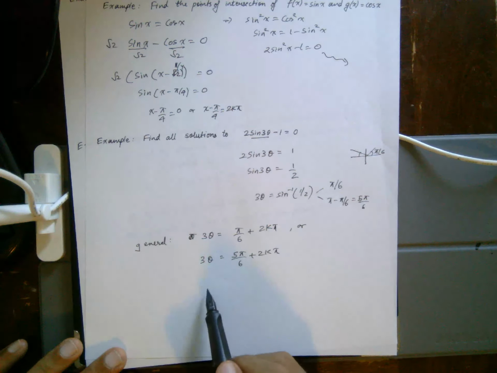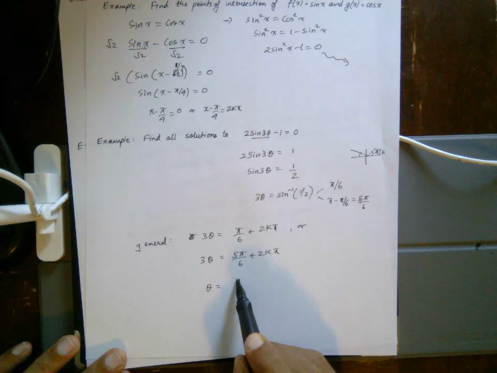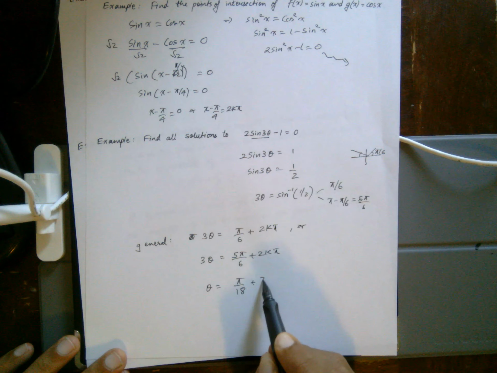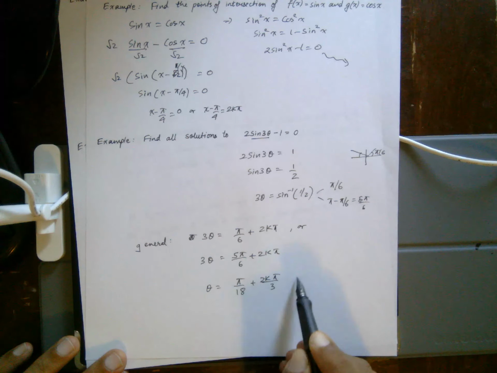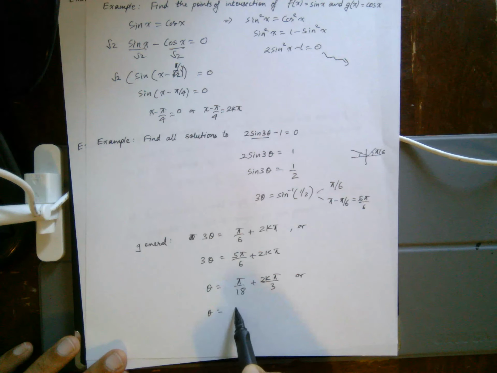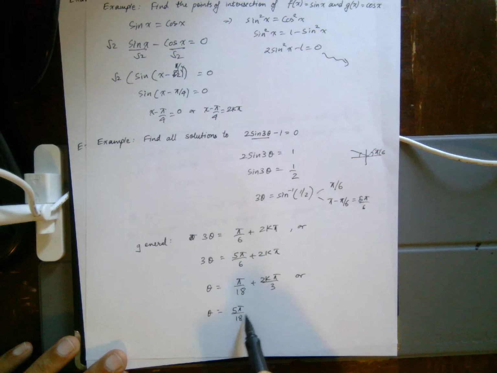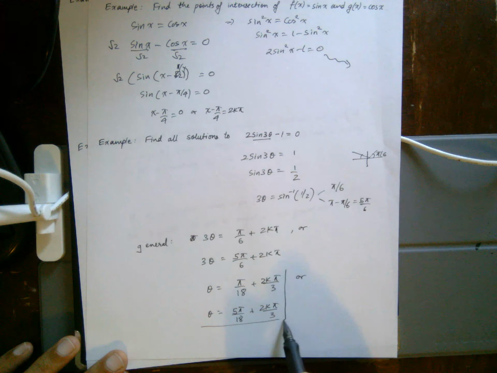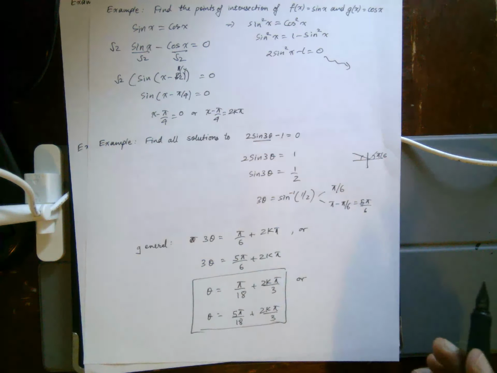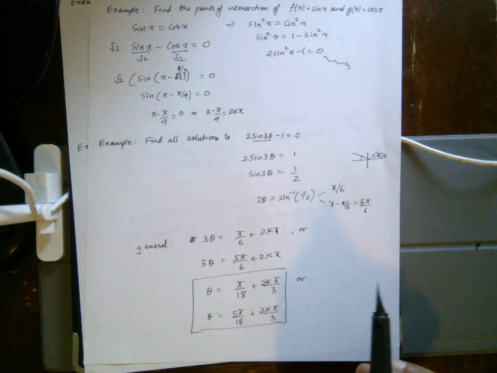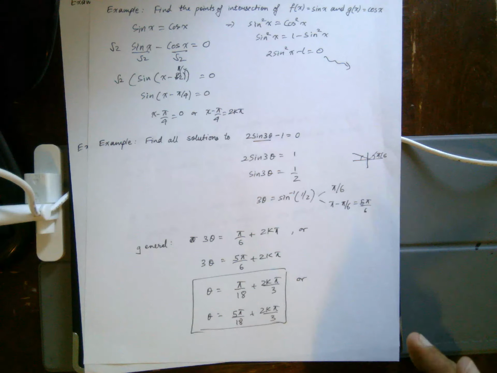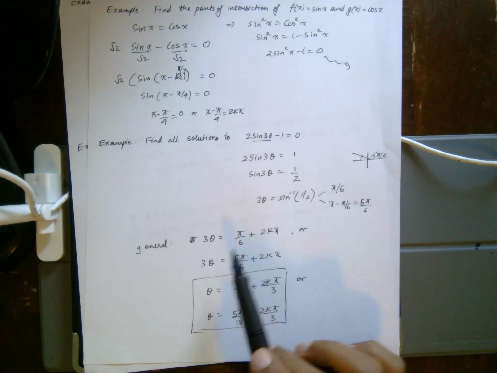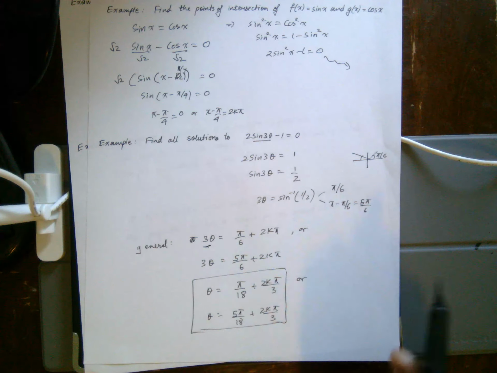So this means dividing both sides by 3, you get pi over 18 plus 2k pi over 3, or you get 5 pi over 18 plus 2k pi over 3. Now you could use a cubic equation and solve, but that's going to be way more complicated. It will be easier for you to find 3 theta and then just divide by 3 to find theta.